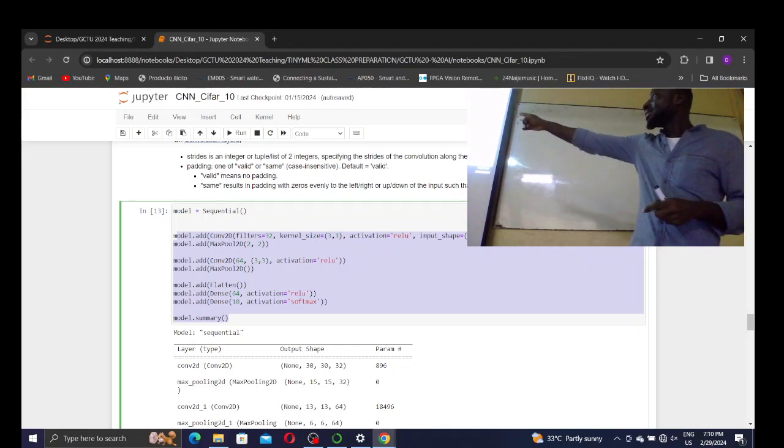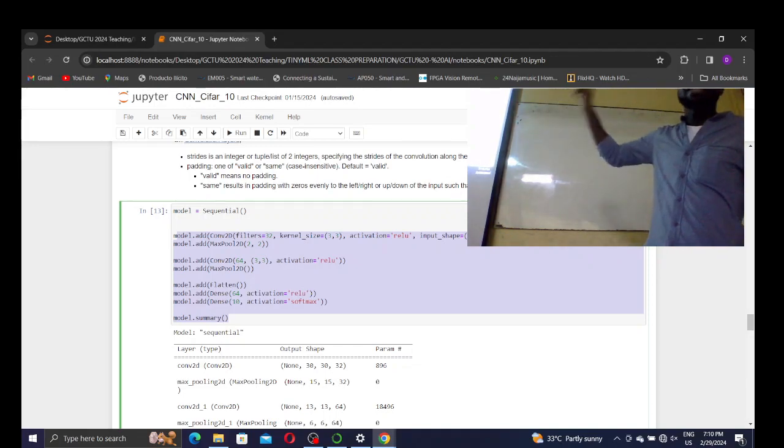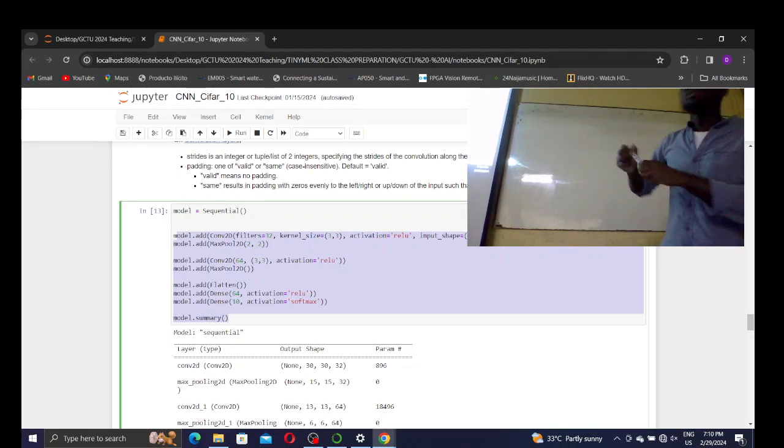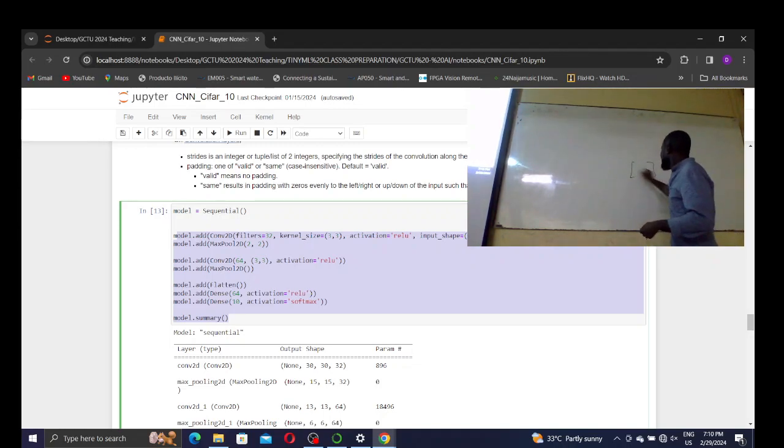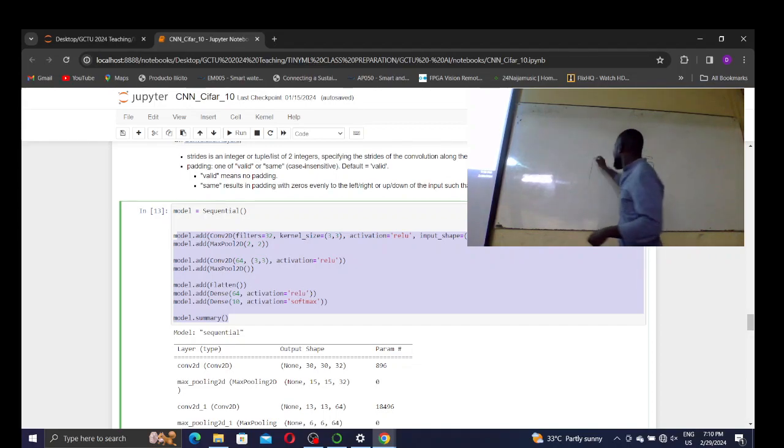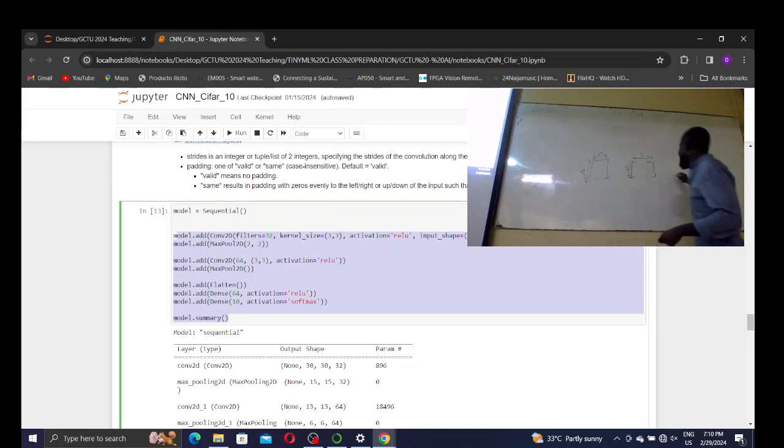What is the size of the filter? 3 by 3. What is the size of the image? 32 by 32.